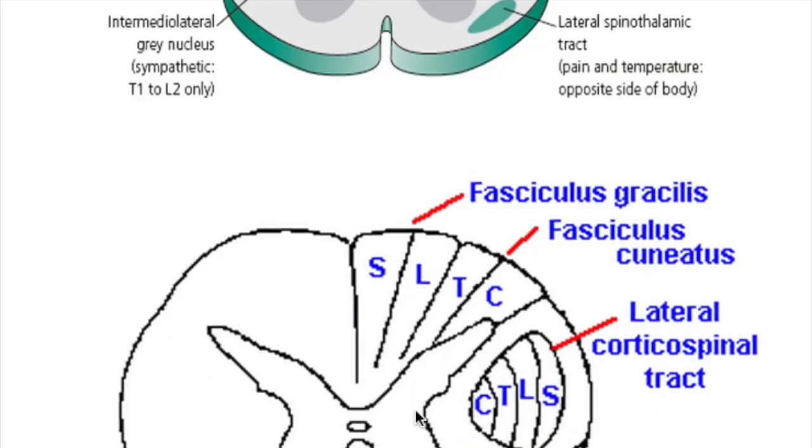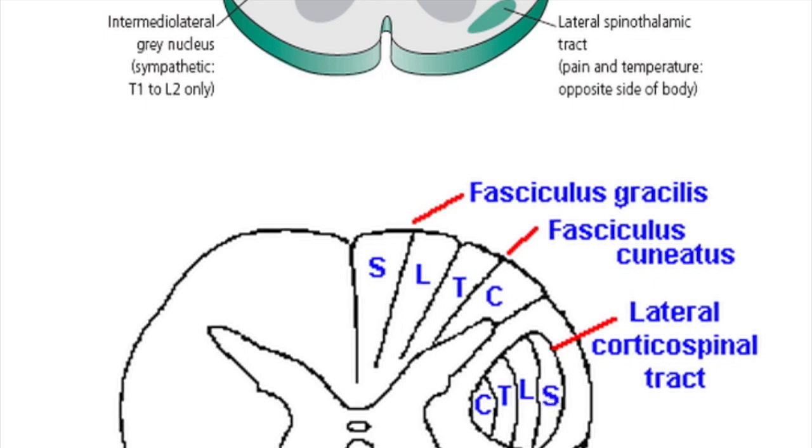Arrangement of these different tracts is important because in the lateral corticospinal tract, the sacral region is represented laterally and the cervical medially. So a lesion progressing medially from the lateral side will affect more of the sacral region, even if the lesion is in the neck.